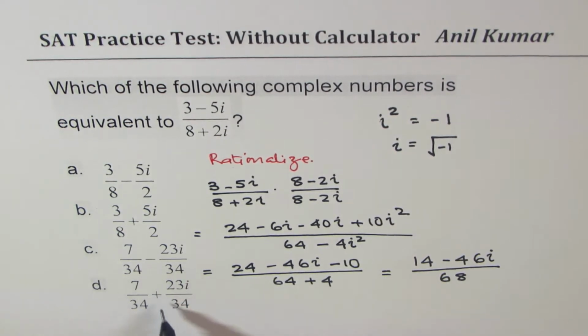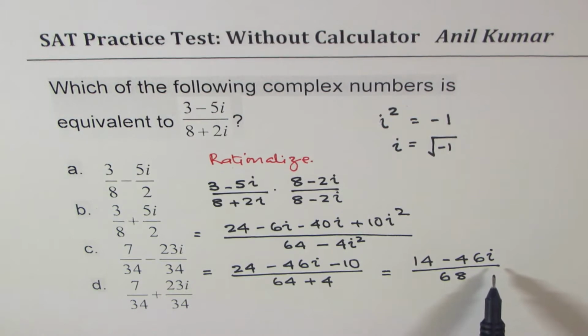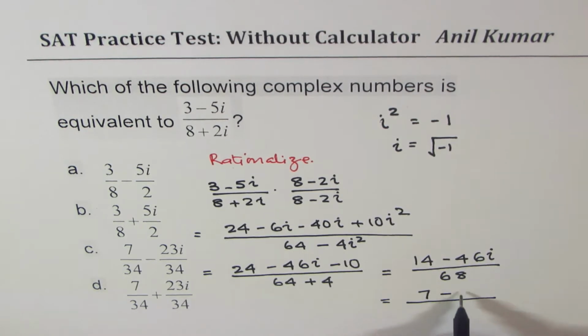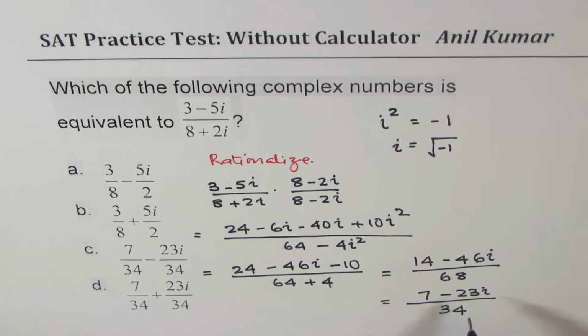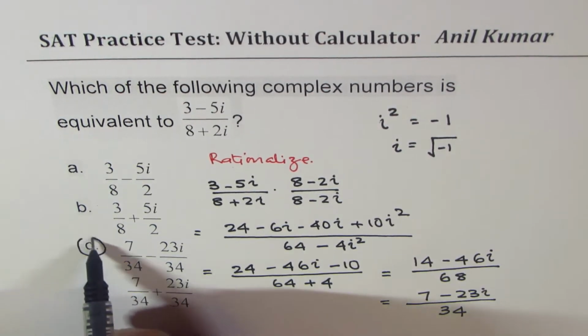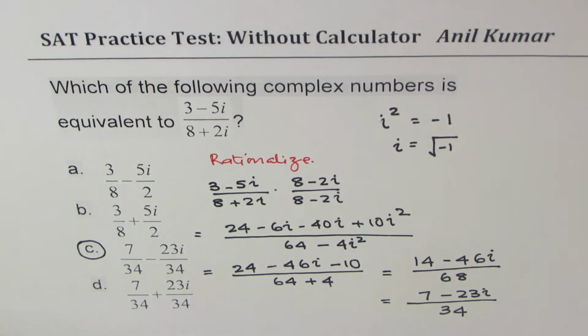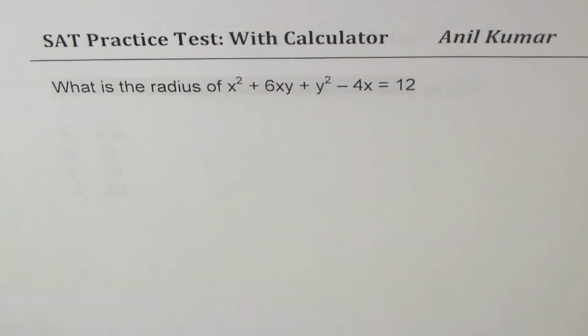Let us divide this by 2 and see what we get. We get 7 minus 23i over 34, right? That is how you get the answer, which matches option C, correct? We have done this very slowly only to show you all the steps, but this could have been done in much shorter time. Let's move on and see the next question.